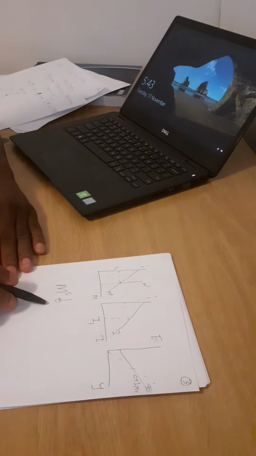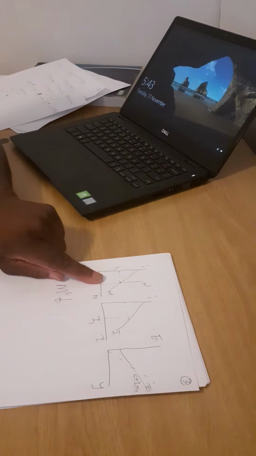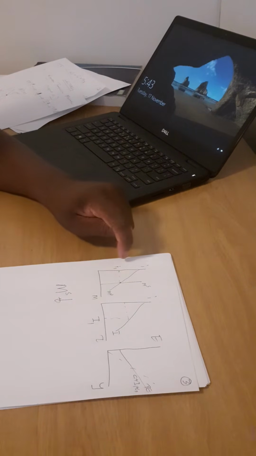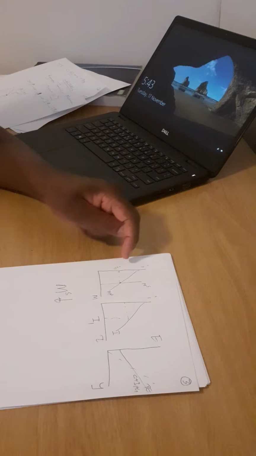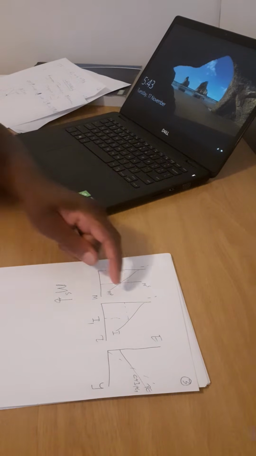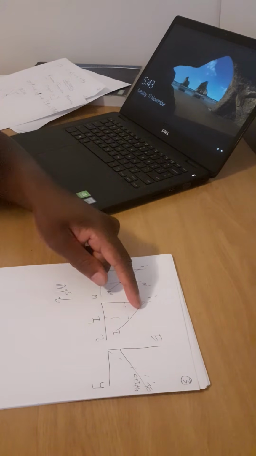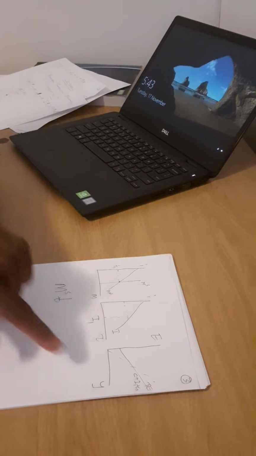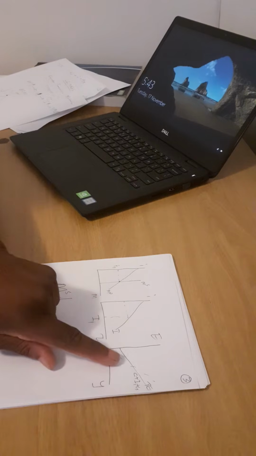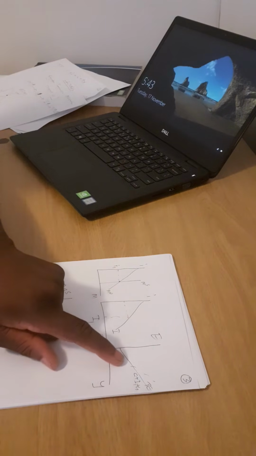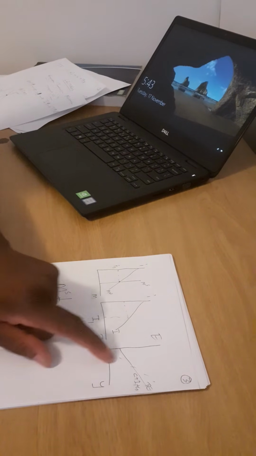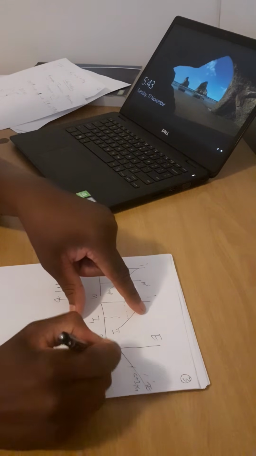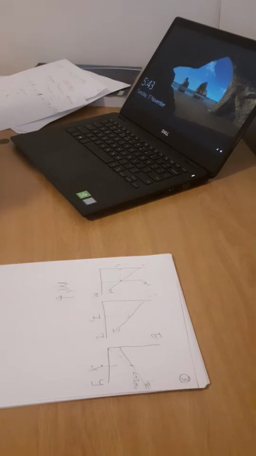When money supply decreases, you shift the money supply function to the left. Then the interest rate will go up. When the interest rate goes up, investment is going to be reduced. When investment is reduced, the total expenditure is going to come down. Then output will move from Y1 to Y2, which will be to the left of this one here.